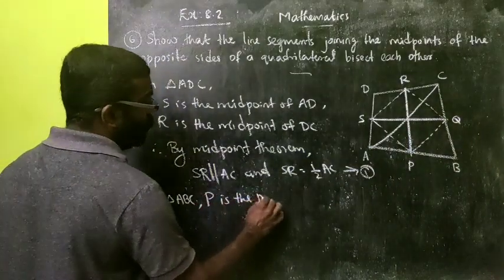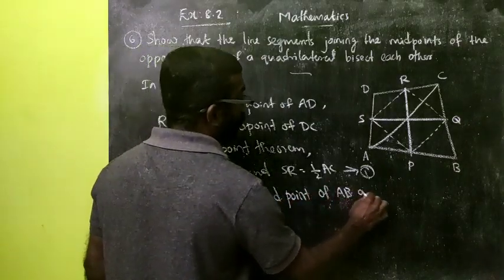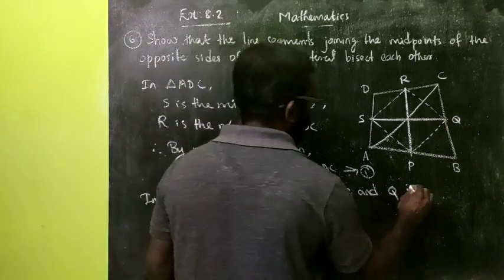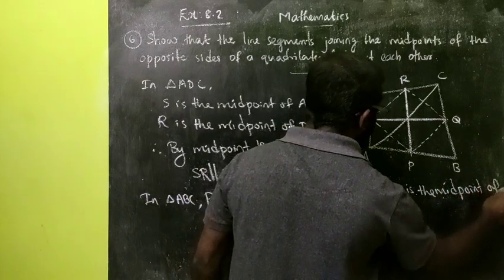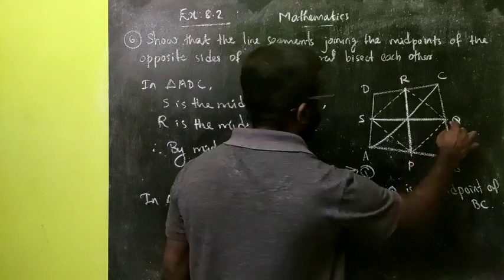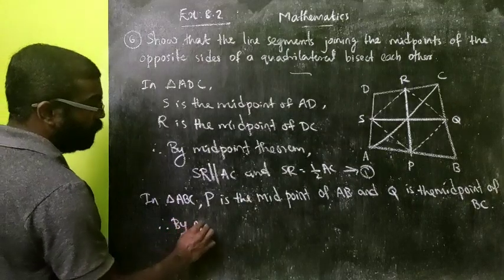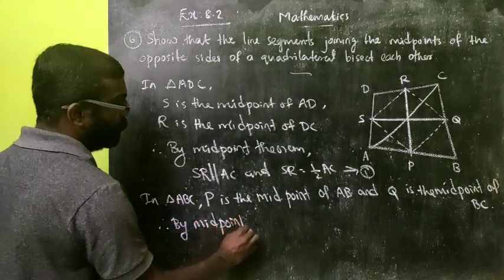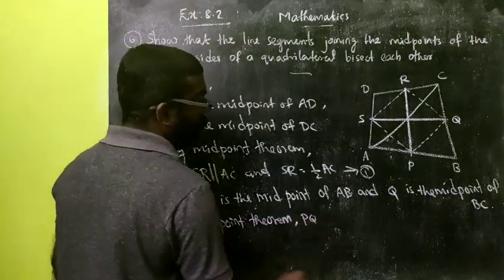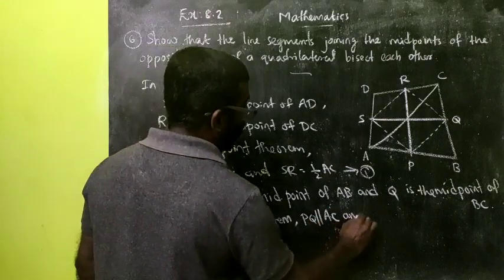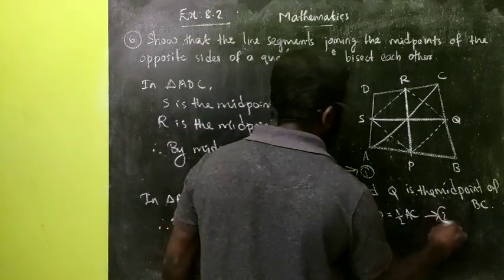Therefore, by midpoint theorem, PQ parallel to AC and PQ equal to half AC. Take it as equation number 2.